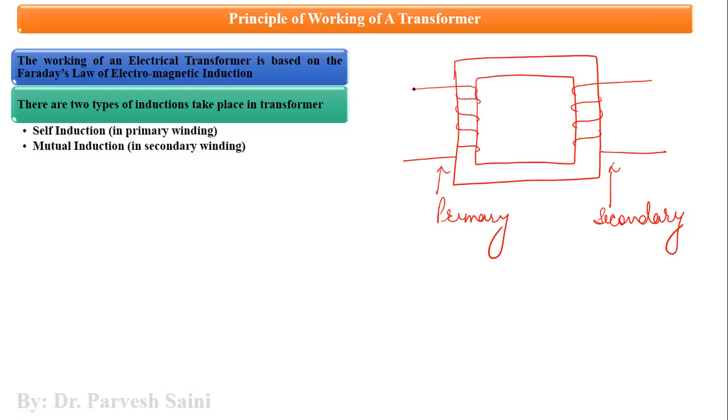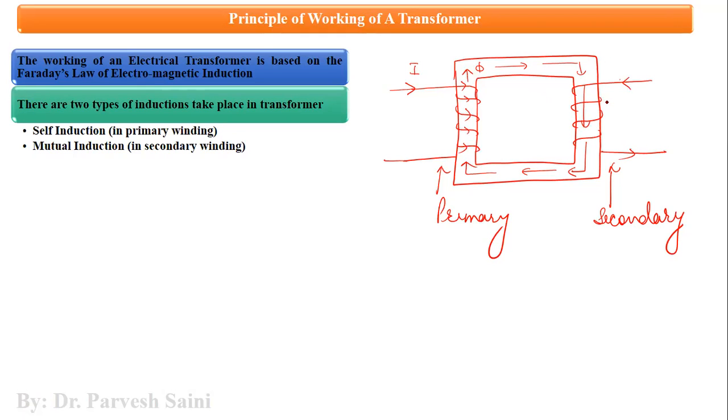Now when you have current flowing in this primary winding, this current will produce certain flux, and this flux will move in a particular direction in the iron core and will link to the other winding of the transformer, the secondary winding. So the linkage of this flux with the secondary winding will create some current to flow in the transformer.